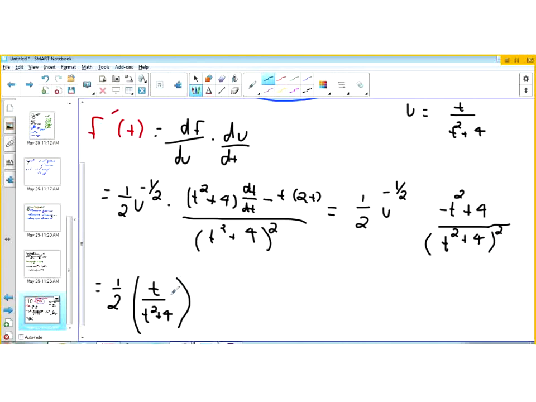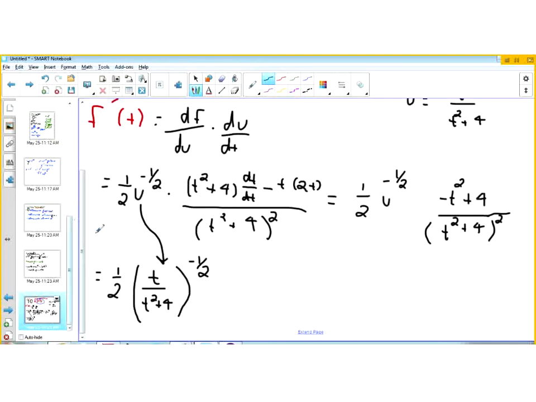So it would be that, and then times negative t squared plus 4 over t squared plus 4 squared.